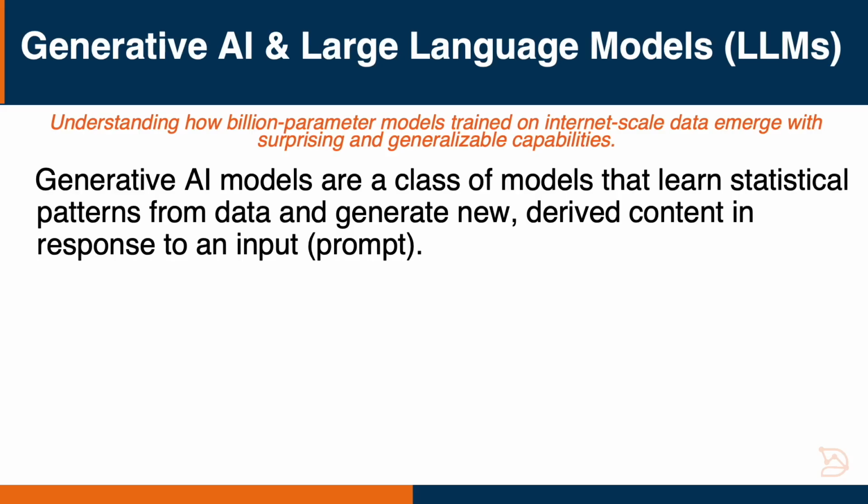Okay, now we move on to the LLM space, where we say, so what exactly is generative AI and large language models? Now, these models are just what I explained.